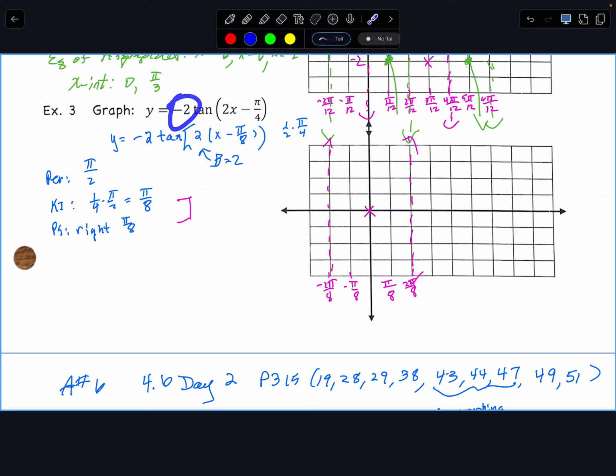But this has been reflected. So while normally we go a key increment to the left down 1, it's been reflected and stretched. You are going to be at +2. And 1 key to the right, you will be at -2 because of that reflection over the x-axis.